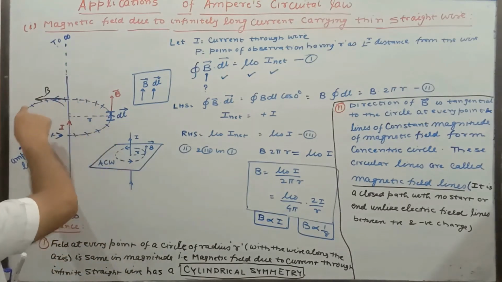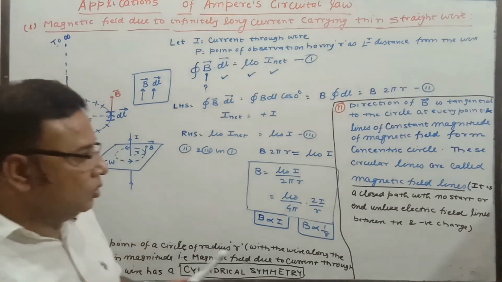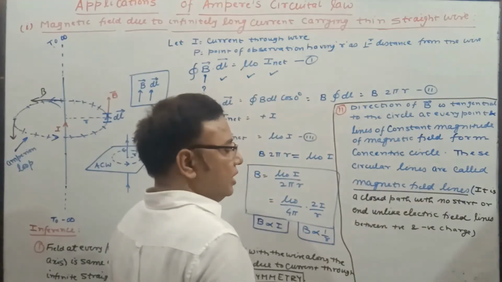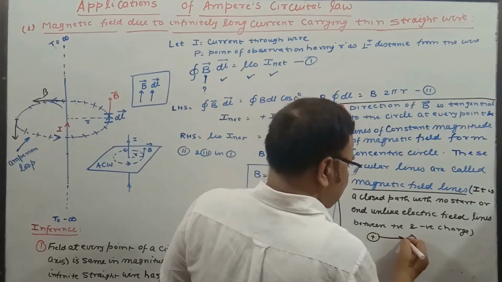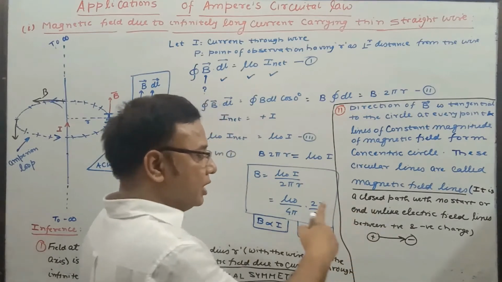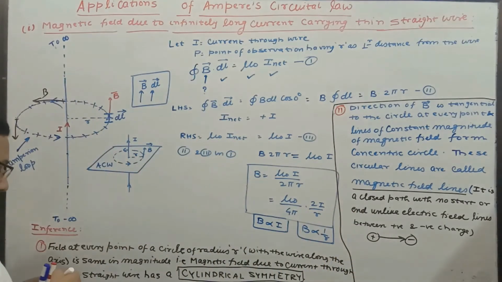It is a continuous loop. It has no start, no end, unlike electric field lines between positive and negative charges. We know that between positive and negative charges, the electric field line starts from positive and ends on negative. It is continuous between the two, but discontinuous as a loop. Here, it is continuous in a loop. So that is the second point.